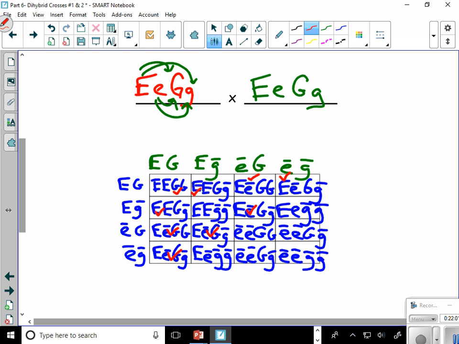The second question is that it has PKU. In order to have PKU, you need to have what? 2 little e's. Well, I'm going to go through in black and check ones that have 2 little e's.